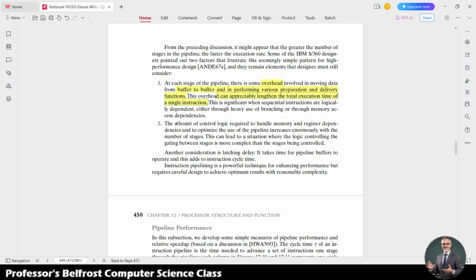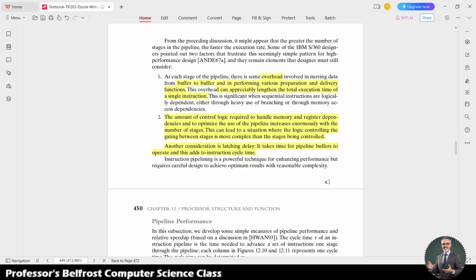Second, the amount of control logic required to handle memory and register dependencies and to optimize the use of the pipeline increases enormously with the number of stages. This may lead to a situation where the logic controlling the gating between stages is more complex than the stages being controlled. Another consideration is latching delay: it takes time for pipeline buffers to operate, and this adds to the instruction cycle time.